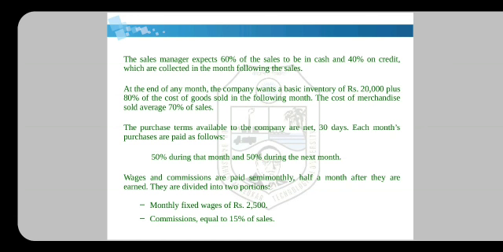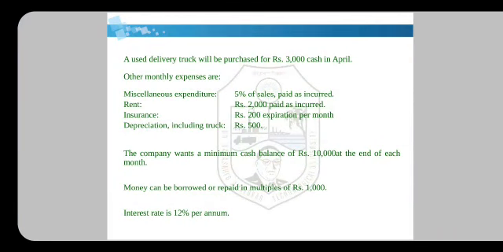Wages and commission are paid semi-monthly, half a month after they are earned, and they are divided into two portions. Monthly fixed wages are 2,500 and commissions equal 15% of sales. A used delivery truck will be purchased for rupees 3,000 cash in April. Other monthly expenses are given.